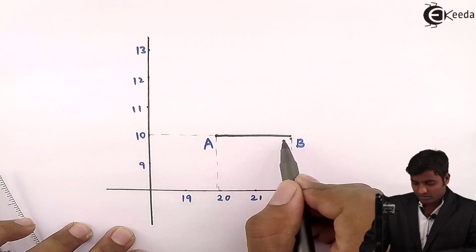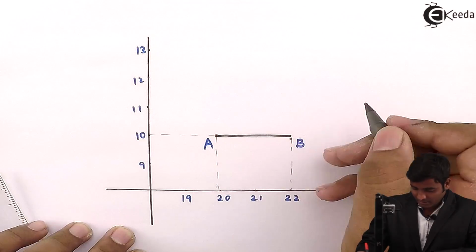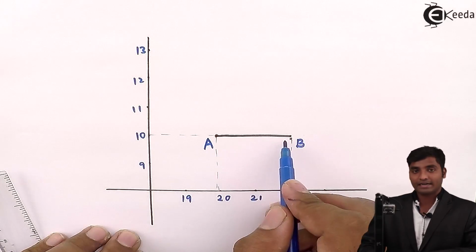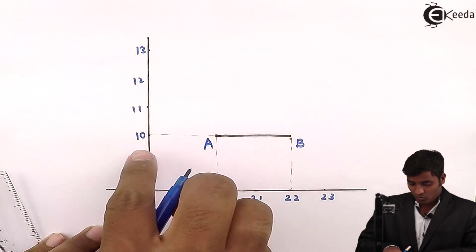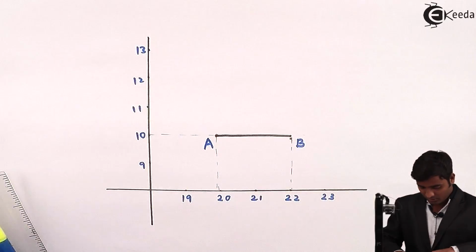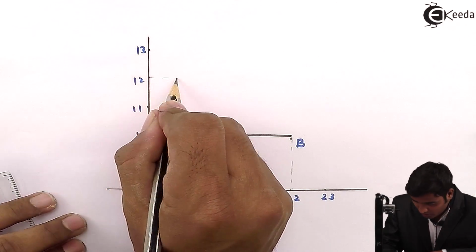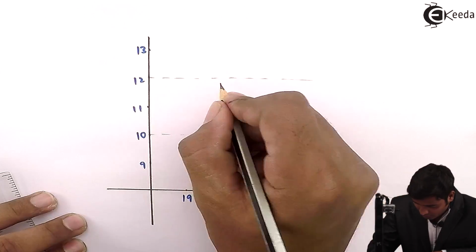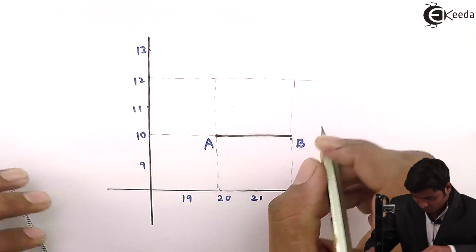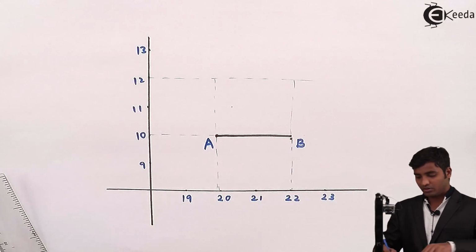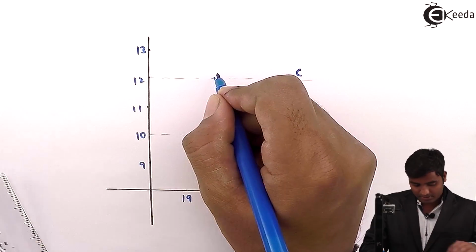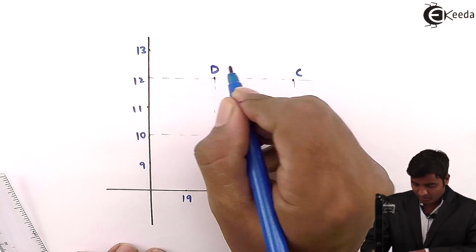And C also, since the side is 2, it will become 10 plus 2, 12. So I got this point as C and this point as D.